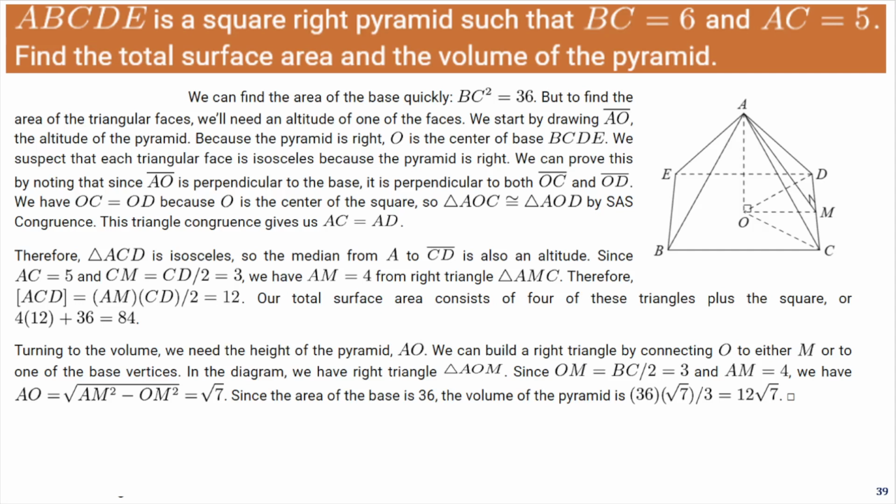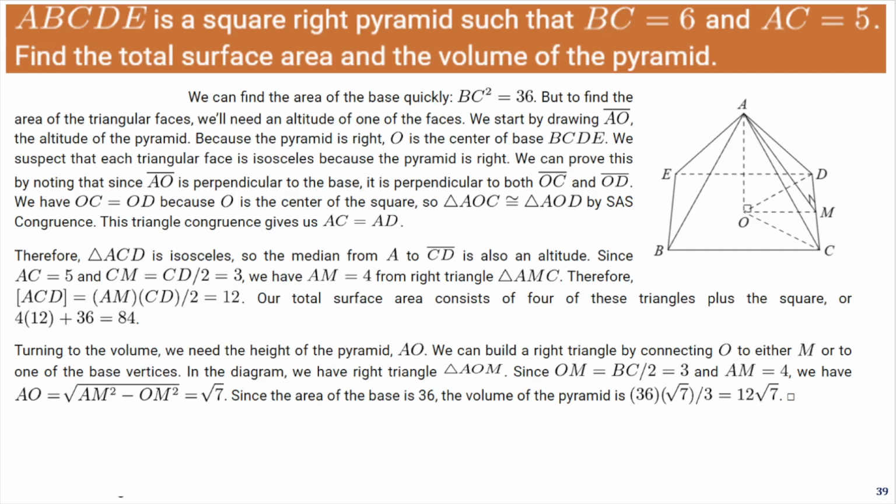Because the pyramid is right, O is the center of base BCDE. We suspect that each triangular face is isosceles because the pyramid is right. We can prove this by noting that since AO is perpendicular to the base, it's perpendicular to both OC and OD. We have OC equals OD because O is the center of the square.